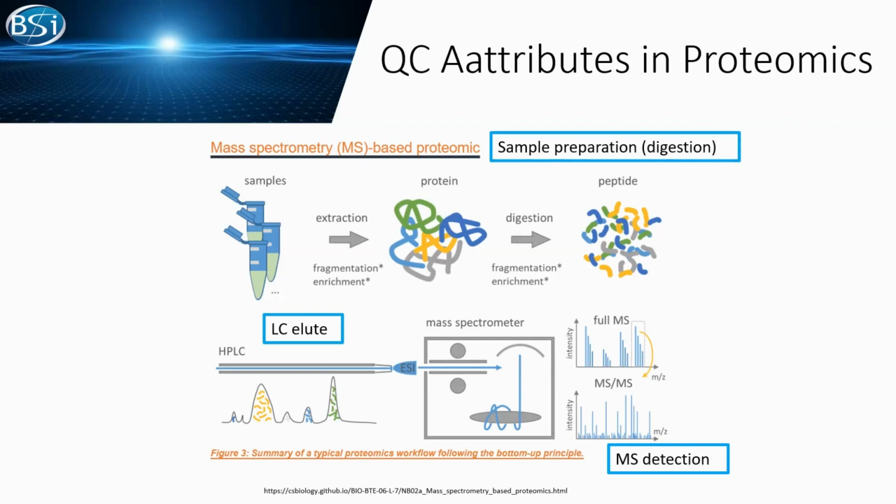But we all know in all this process, every step can go wrong and bring variation in the final result, and we have to find a way to validate our data.